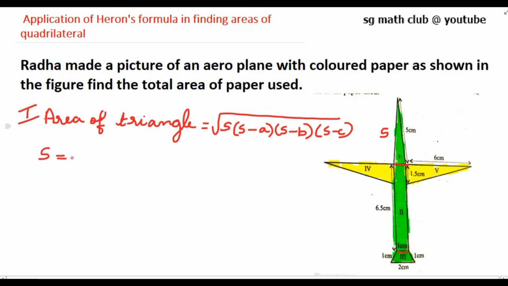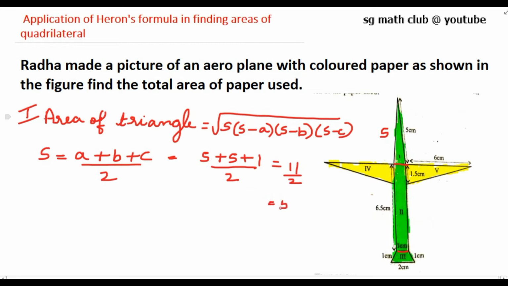Here s is the semi-perimeter, a plus b plus c divided by 2, which is 5 plus 5 plus 1 divided by 2. We have 11 by 2, which is 5.5.